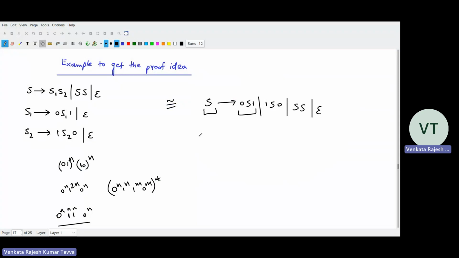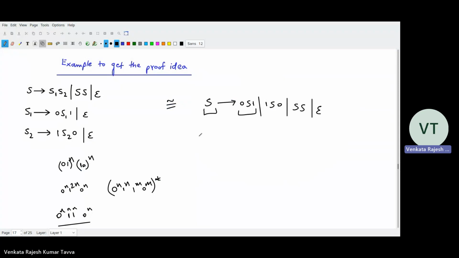So if the start symbol represents such a string, now if I ask you to generate larger strings, keeping the condition intact, what will you do? Either you have 0 at the beginning and 1 at the end, or you have 1 at the beginning and 0 at the end, or you concatenate one proper string with another proper string. That's it. Very similar to matching parentheses.